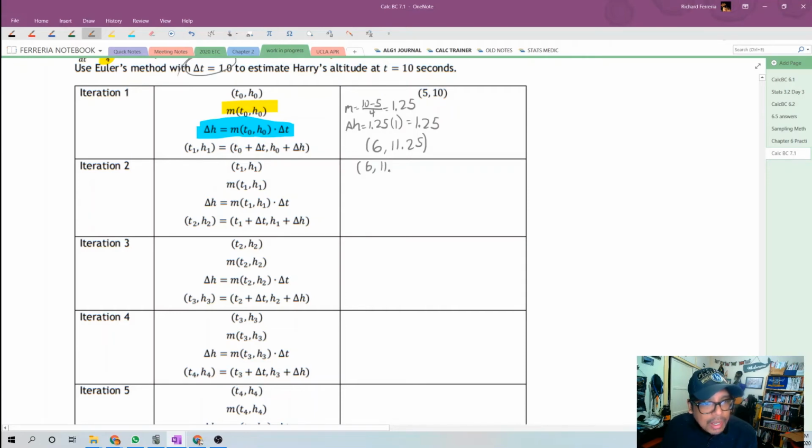6 and 11.25, because we need to get to 10 seconds. The slope is going to be equal to h minus t, which was 11.25 minus 6, divided by 4. And that number is 1.3125.